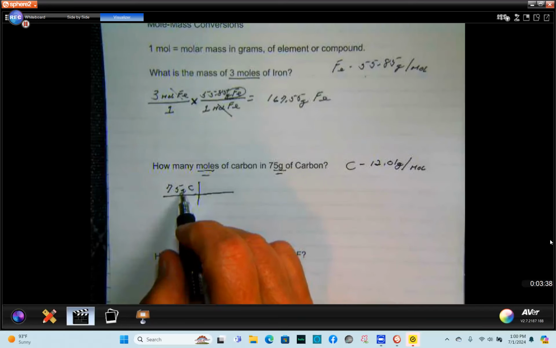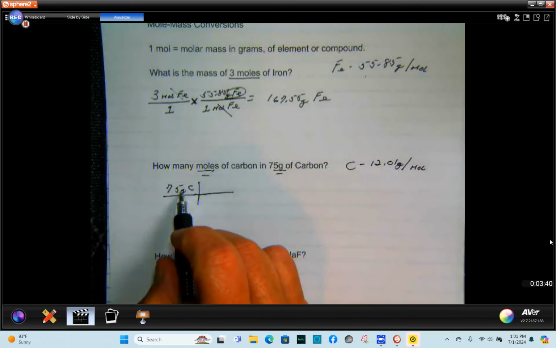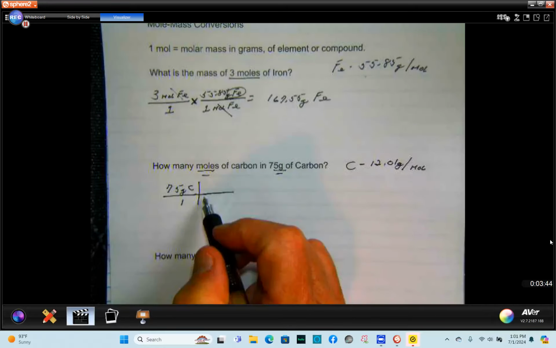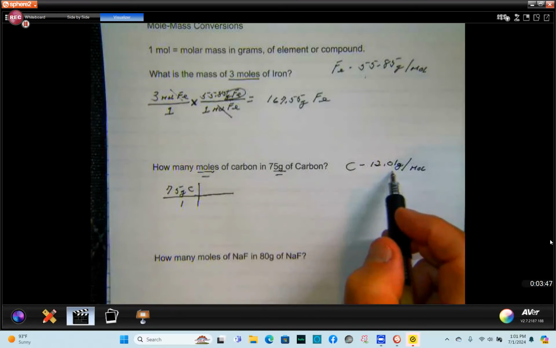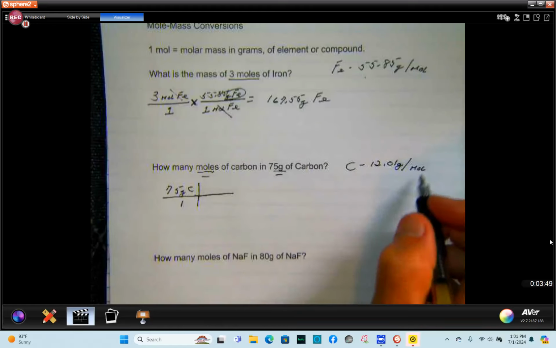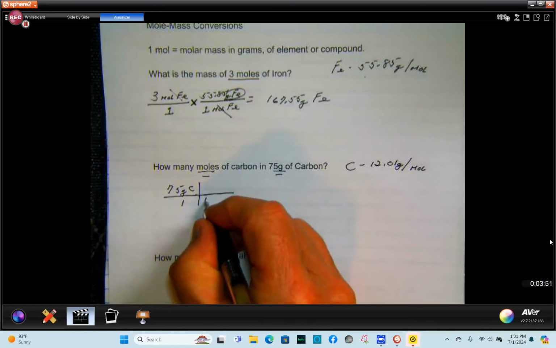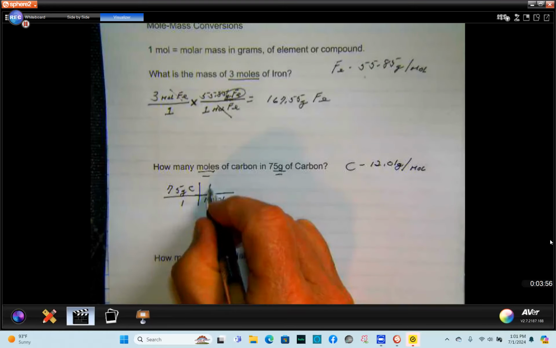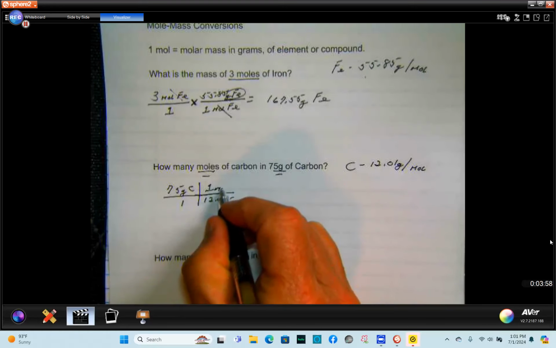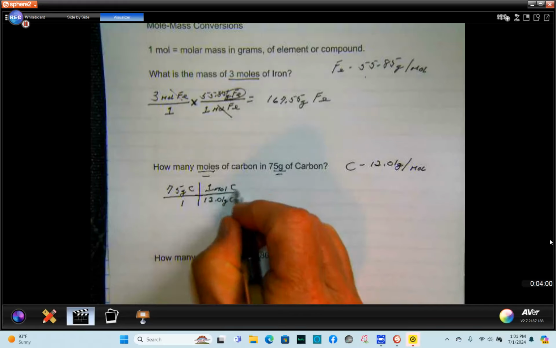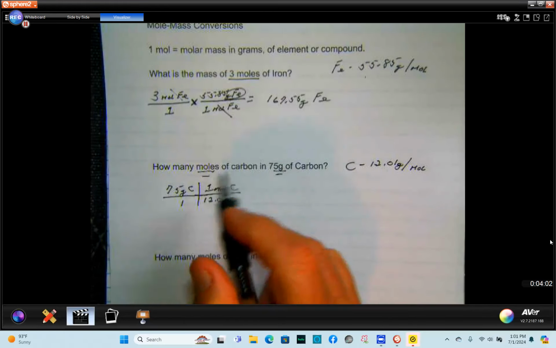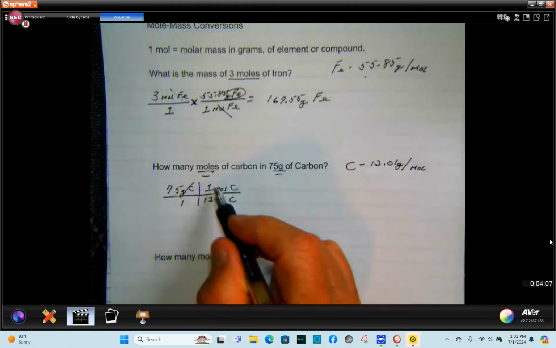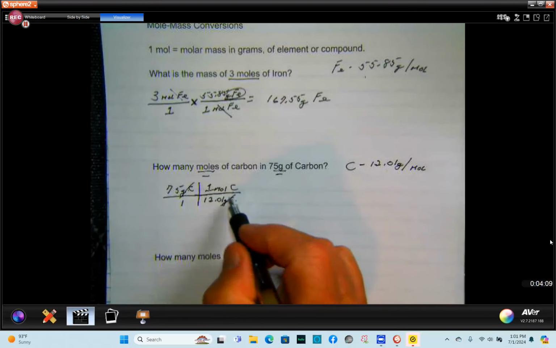Well, if I've got grams of carbon in the numerator, I need grams of carbon in the denominator. And we know there are 12.01 grams per mole. Again, that's going to be your factor. So we have 12.01 grams of carbon is 1 mole of carbon. Well, if we look at this, we can see our grams of carbon are gone. There's numerator here, denominator there.